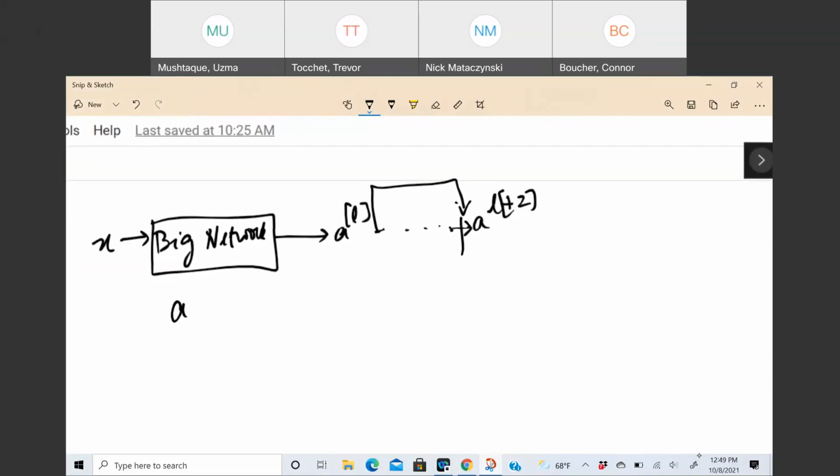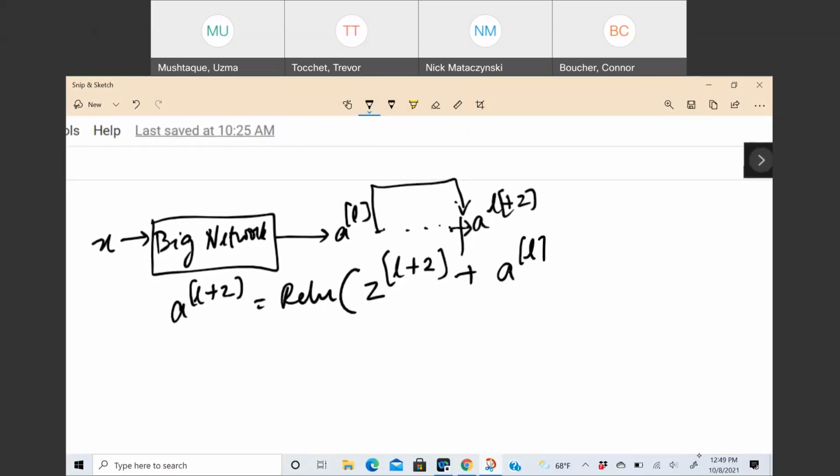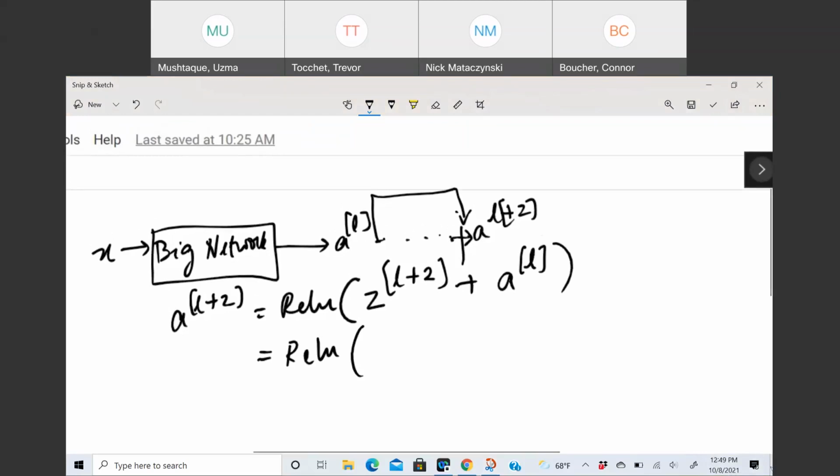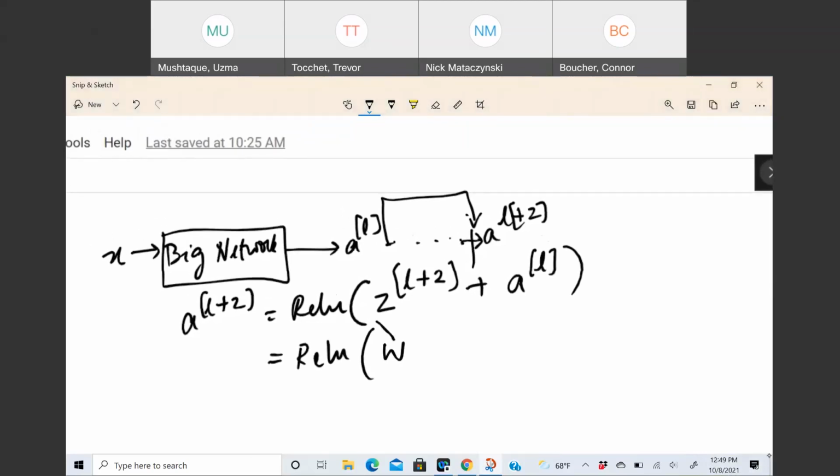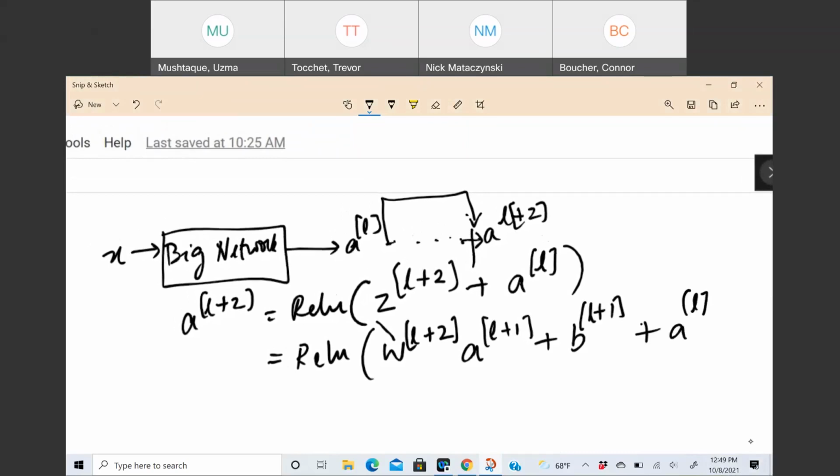And remember what I said about AL plus 2: it is ReLU applied to ZL plus 2 plus AL, which in turn means that this part can be written down as WL plus 1 AL plus 1 plus BL plus 1 plus AL.